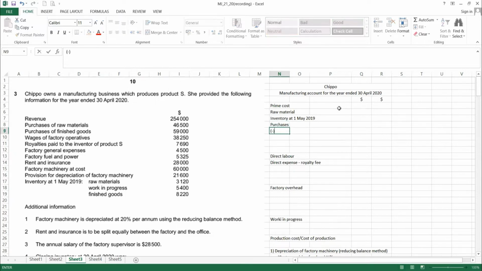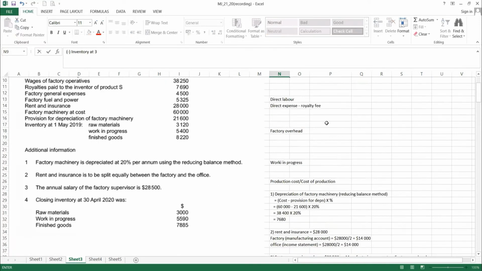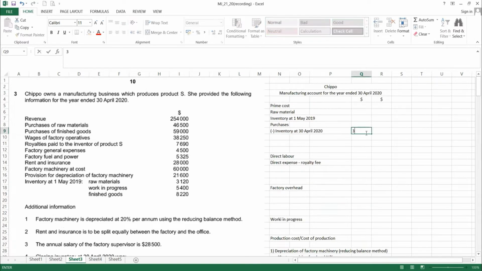And then after that, minus inventory at what year? At 30th April 2020, which is 3,000. So this one is 3,000. And this one is referred to the raw material. So this one, actually, we are calculating raw material consumed.